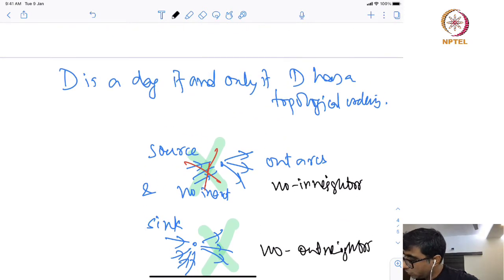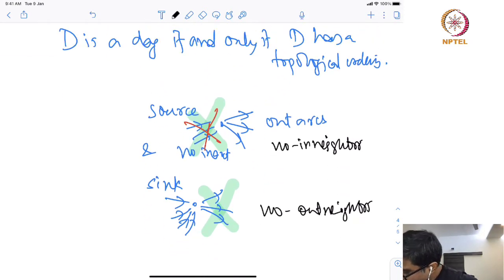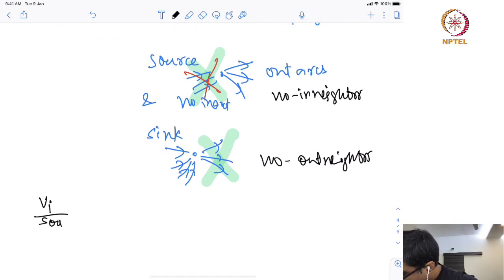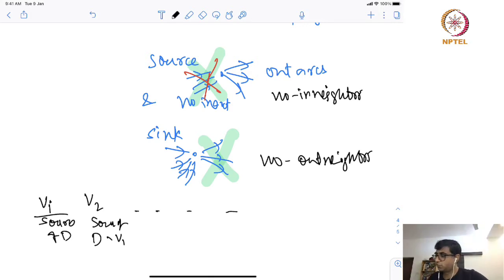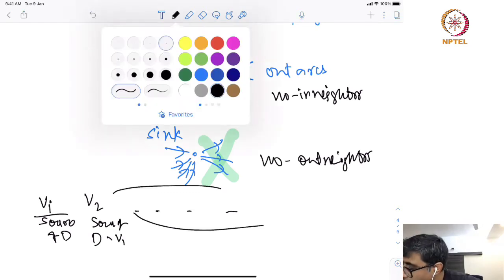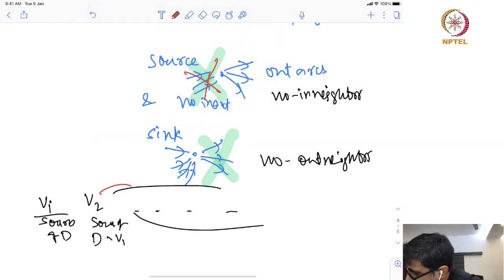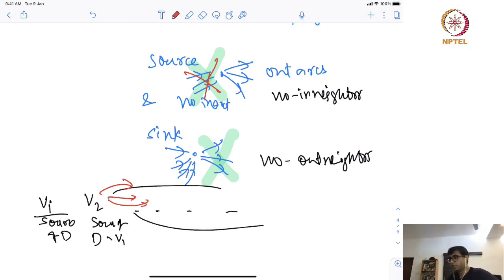So, the way to get a topological ordering is, you start with V1 a source of D, some V2 a source of D minus V1, and so on. So, every vertex is a source in the remaining vertices, which immediately implies that the only arcs incident on them go after them, like all the arcs appear after V2. And so, this is why you can orient them.